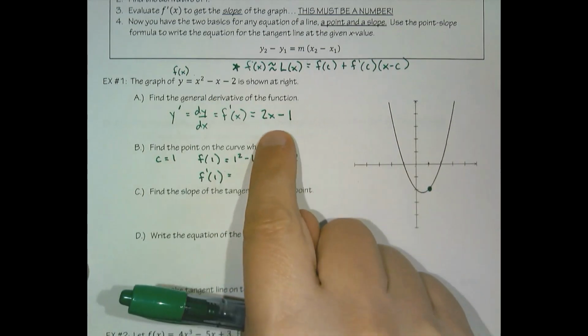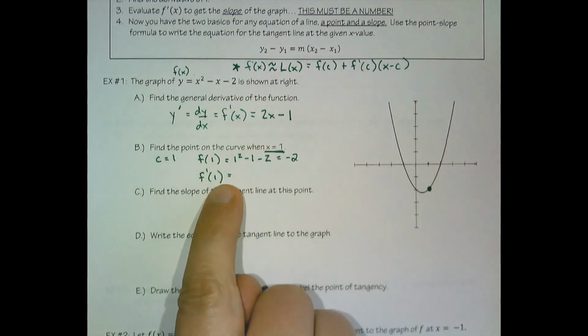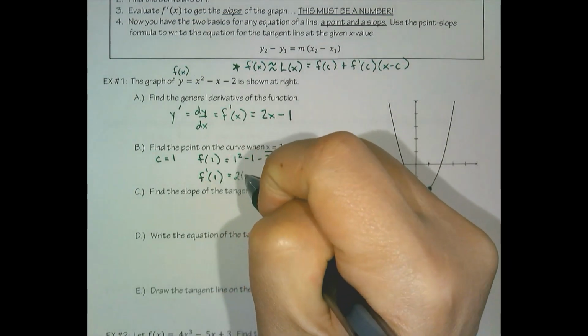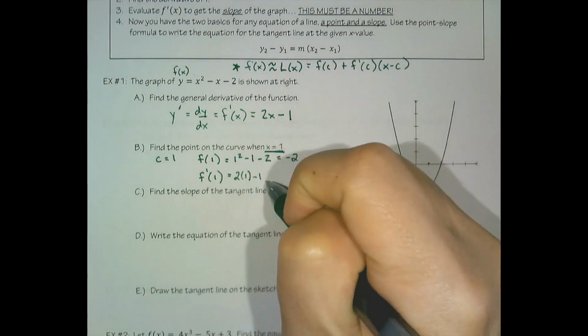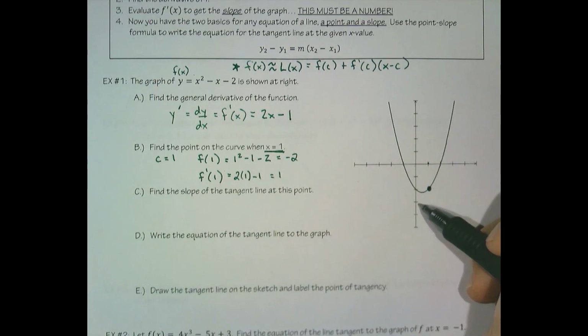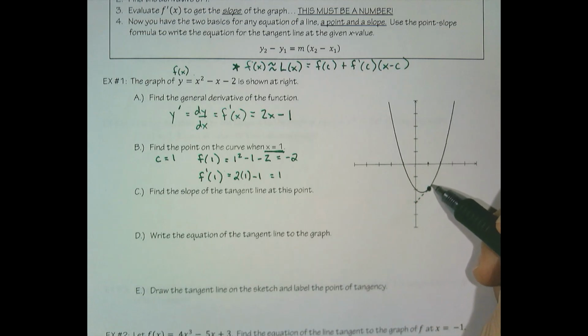So there's our derivative, 2x minus 1. If we evaluate f prime of 1, that would be plugging 1 into this equation, and we get an answer of 1, which means at this point, if we were to draw a tangent line, the slope of that line would be equal to 1.